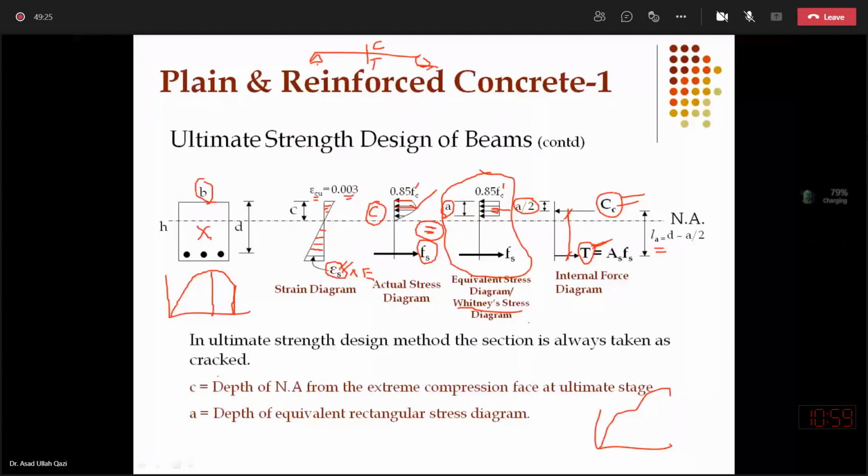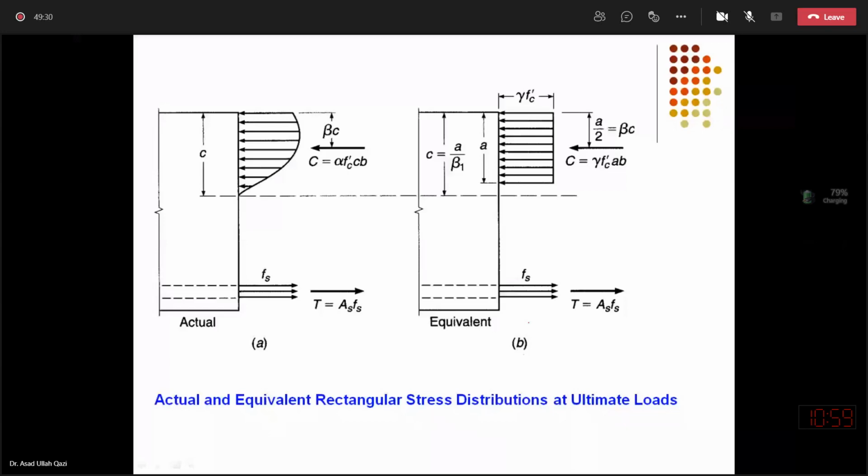So how he proved that in both pictures the resultant C will be the same and its point of application will also be the same. So this was actually the requirement that both pictures are equal.